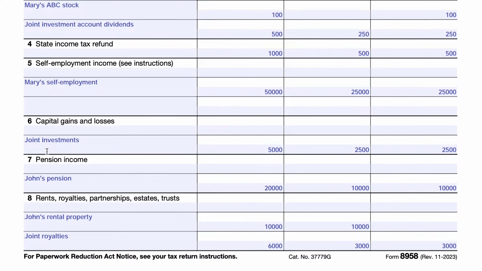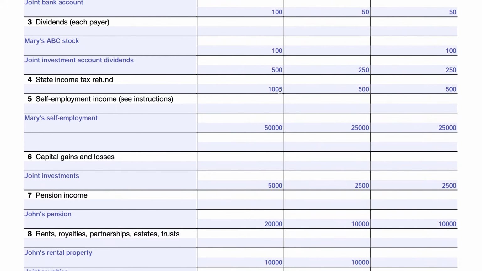So really quick, I'm going to go back to some of these. State income tax refunds would be reported on IRS Form 1099-G. Self-employment income, you would calculate your self-employment tax on Schedule SE.